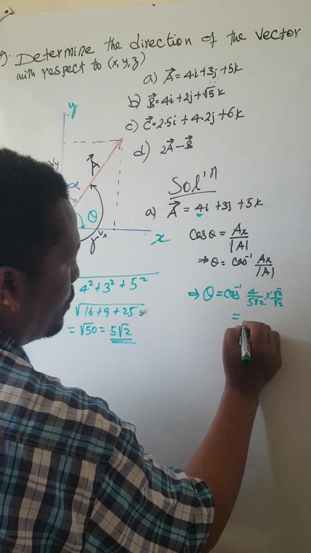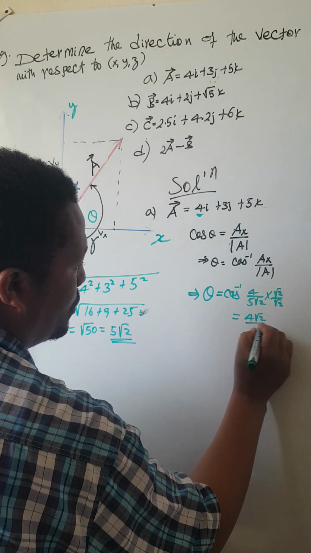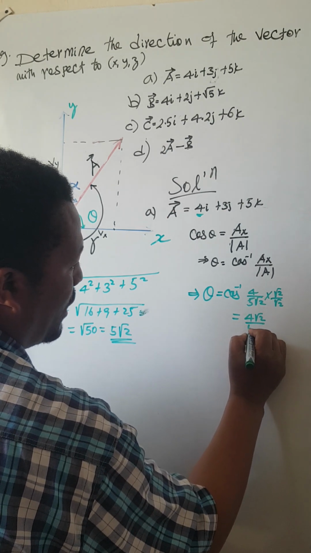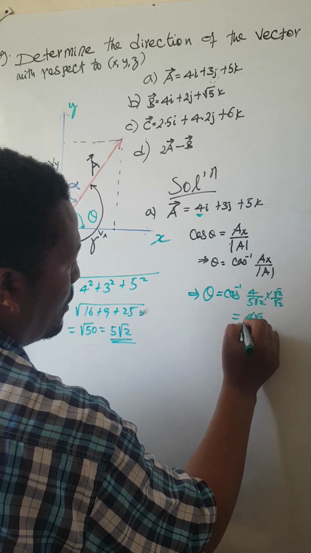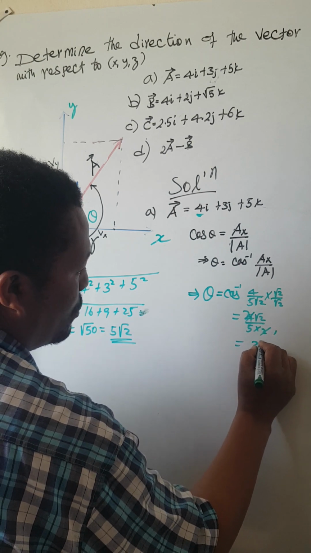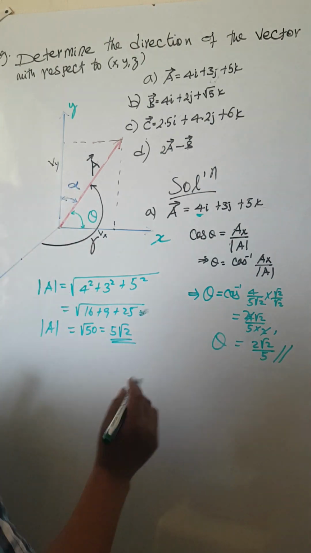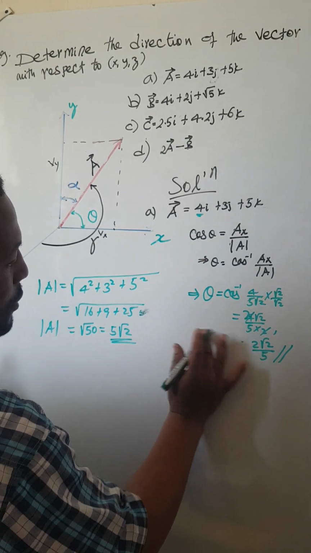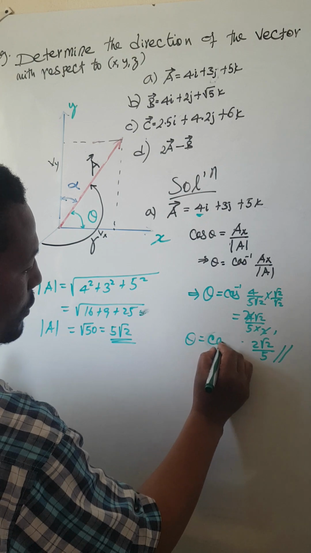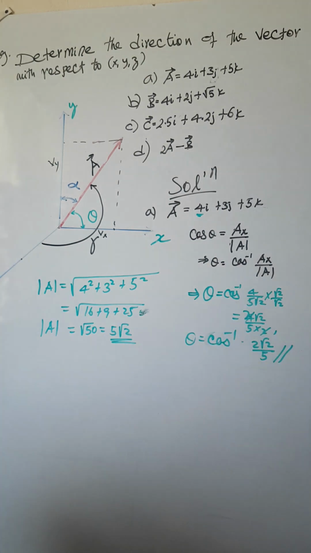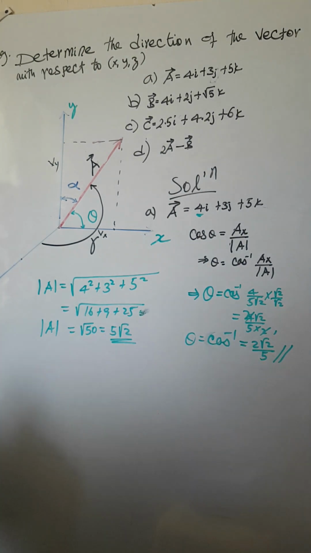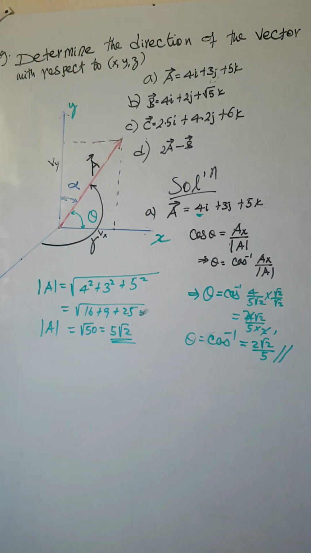This is going to be 4 square root of 2 divided by 5 times 2, so this is 2 square root of 2 over 5. This is the direction of the vector with respect to x.